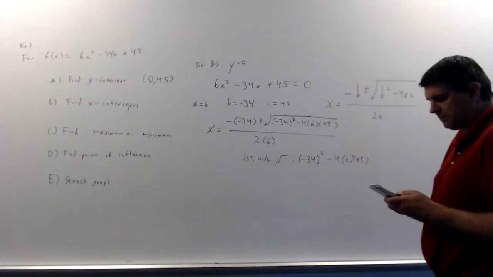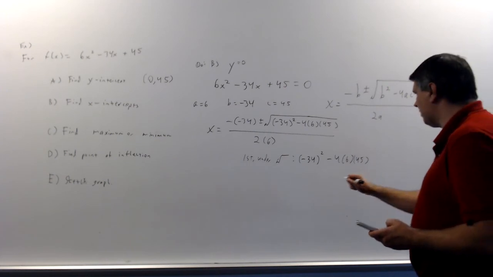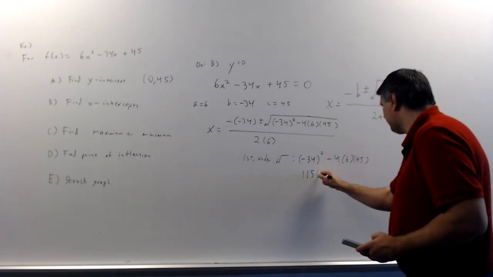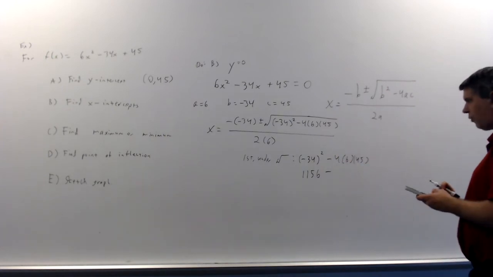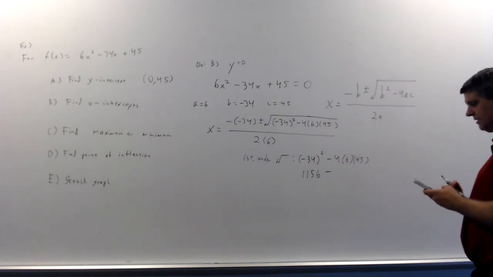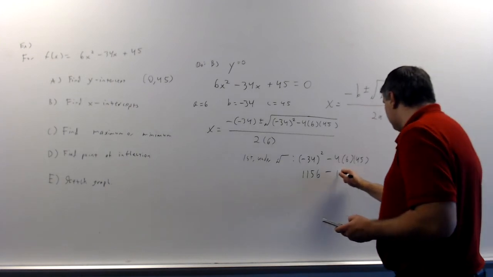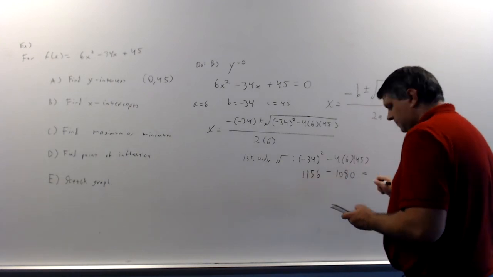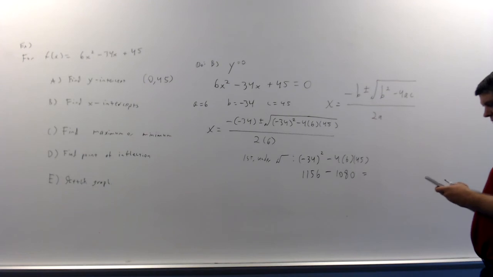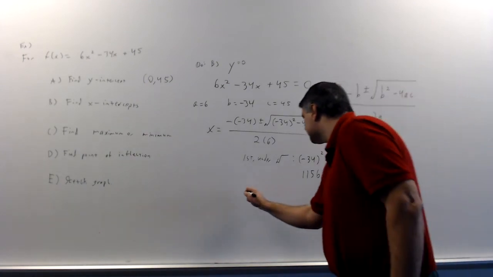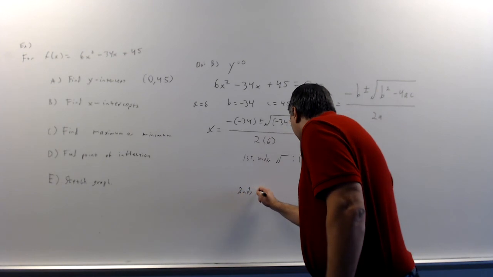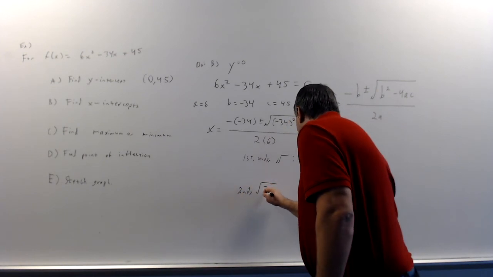Negative 34 times negative 34 would be positive 1,156 minus, because there's only one minus in that sequence, 4 times 6 times 45, which is 1,080. That gives 76.